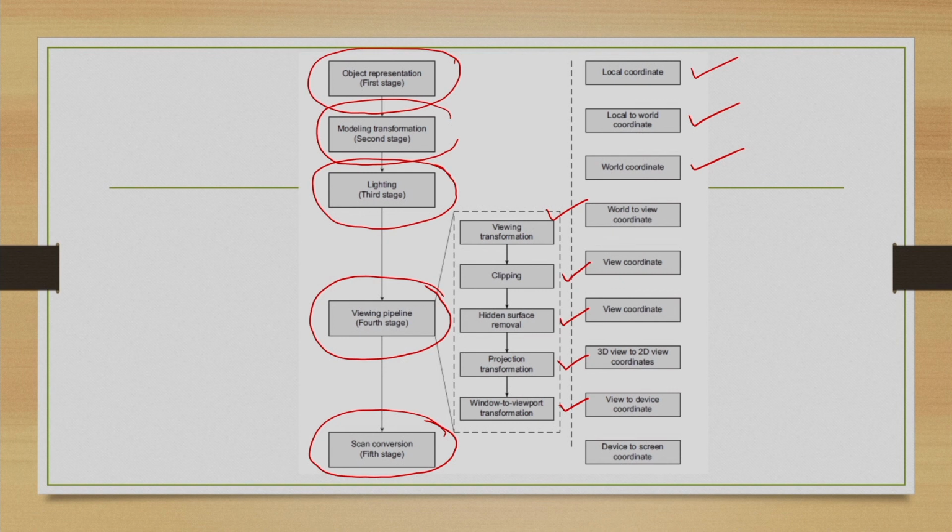Then viewing pipeline takes place in 3 coordinate systems: world coordinate, view coordinate and then device coordinate. And finally, scan conversion takes place in screen coordinate system. So, different coordinates are involved in different stages of the pipeline.